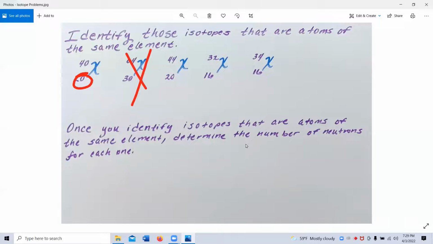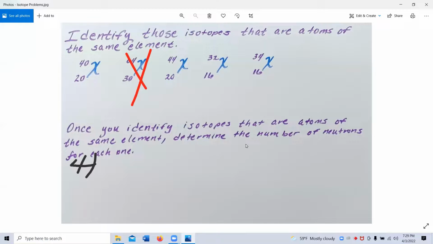Let's go ahead and look at the rest of this problem. If you look at elements 4 and 5, so let's look at number 4. So now we're looking at this.